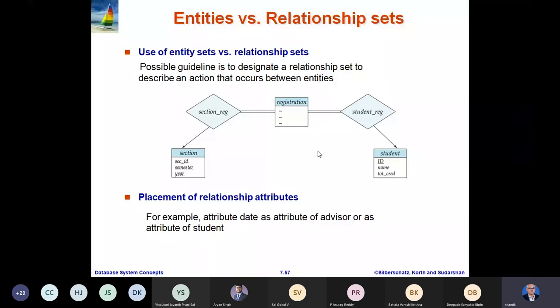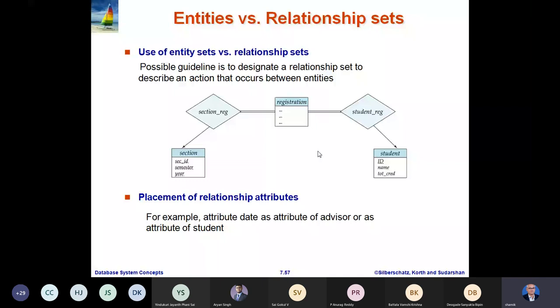So if we feel that registration is important and model it as an entity set, then we'll have from student to registration one relationship, and registration to course another relationship. That is what it is also talking about between registration and section and registration and student.